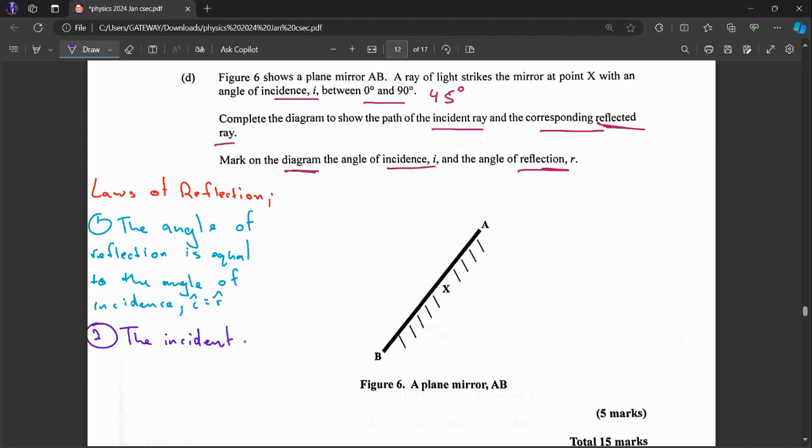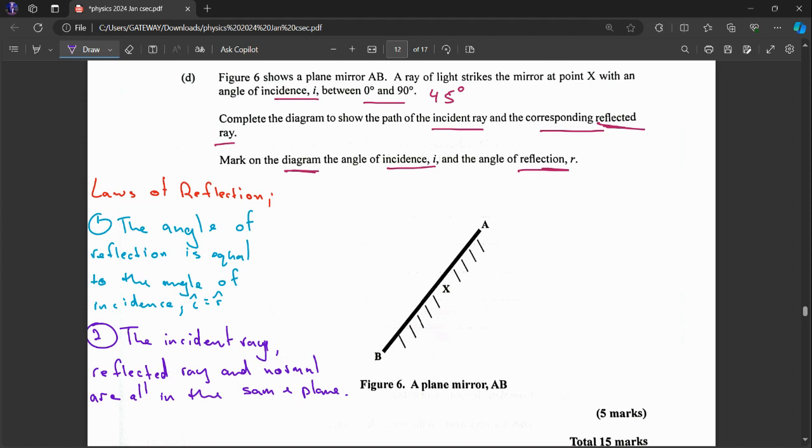The incident ray, reflected ray and normal are all in the same plane, right?